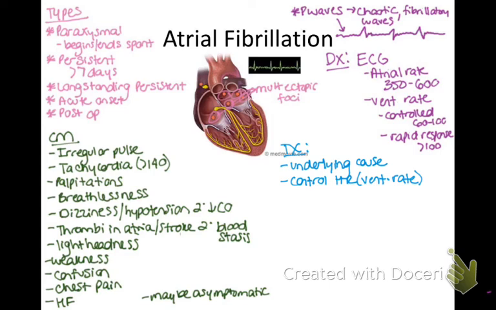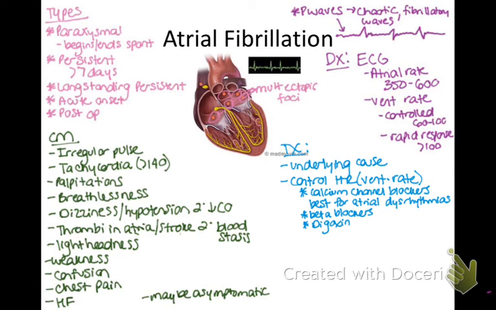So we want to at least control the ventricular rate so that the blood that is in there is being pumped out effectively. Calcium channel blockers are the best for atrial dysrhythmias. But we can also use beta blockers, digoxin.